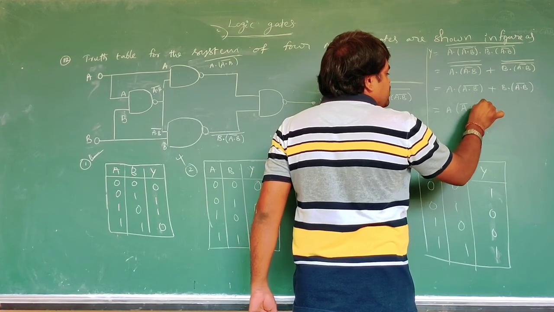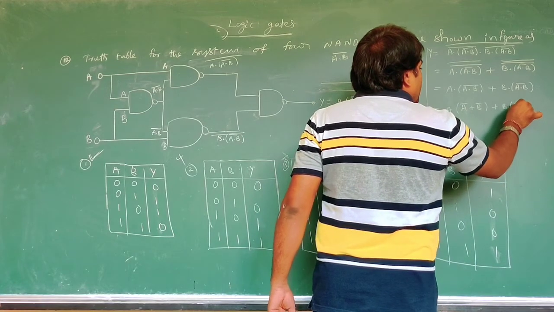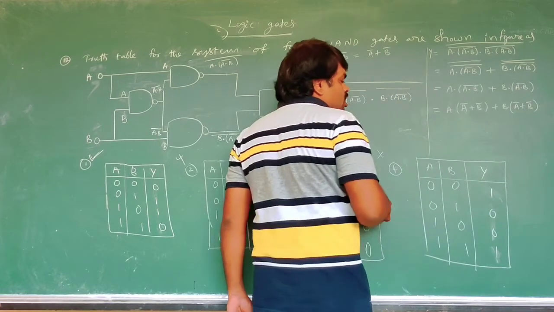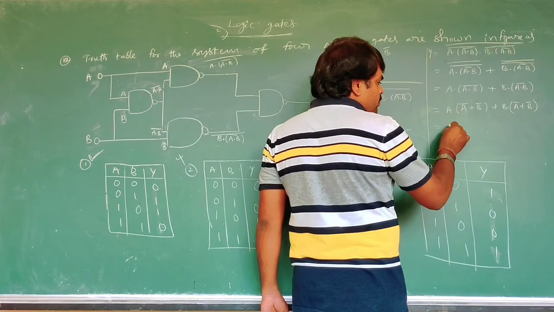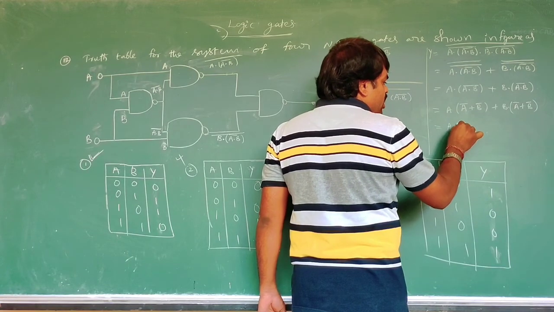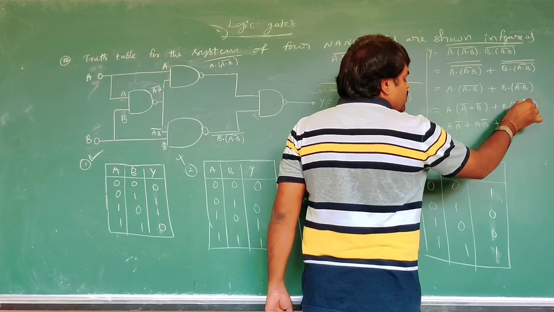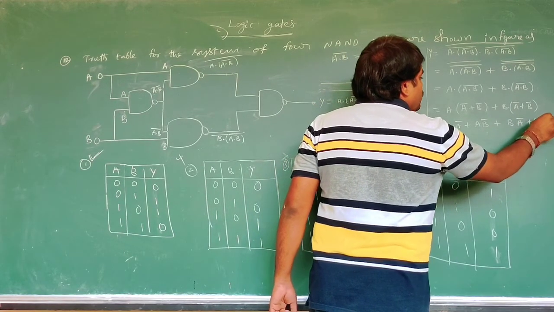A bar plus B bar plus B dot A bar plus B bar. Now we write multiplied: A dot A bar plus A B bar plus B A bar plus B B bar.